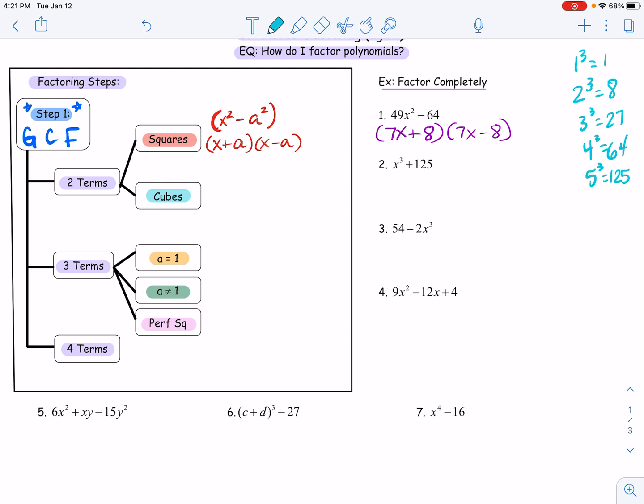You're not going to see much higher than that, but you need to be a little familiar with those perfect cubes.